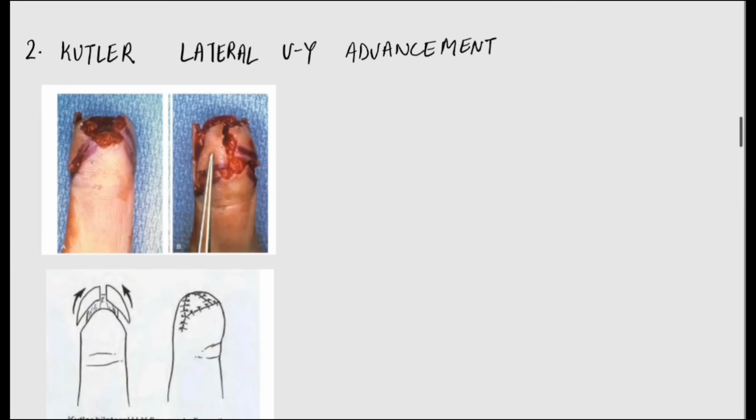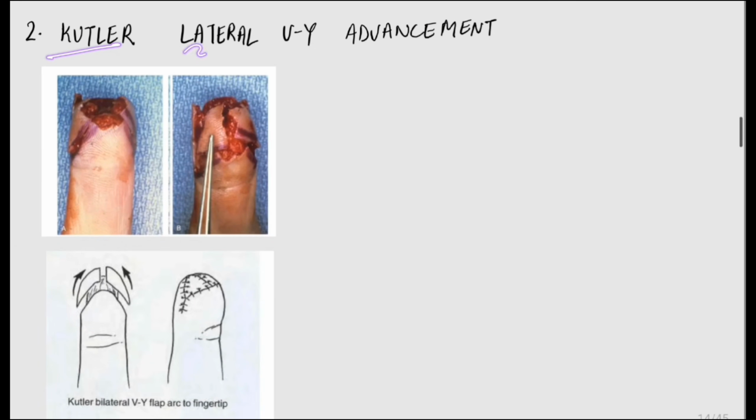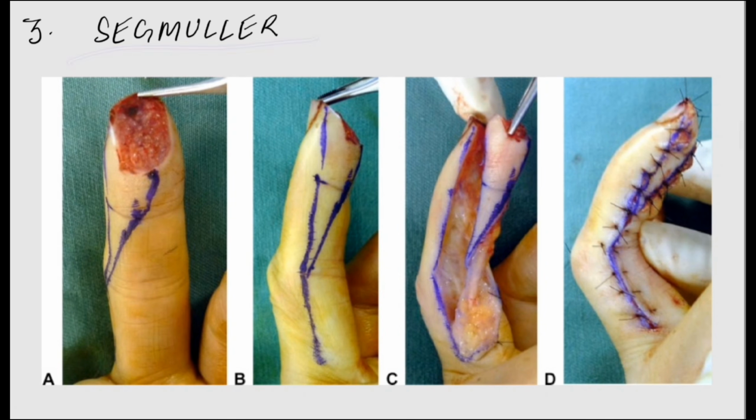Similarly, we can also go for Kutler's lateral V-Y advancement flaps. Here, instead of the volar skin, the lateral skin V flaps are raised bilaterally and are brought together in the midline. The final incision appears like this. Segmüller is a modification of the Kutler's flap.